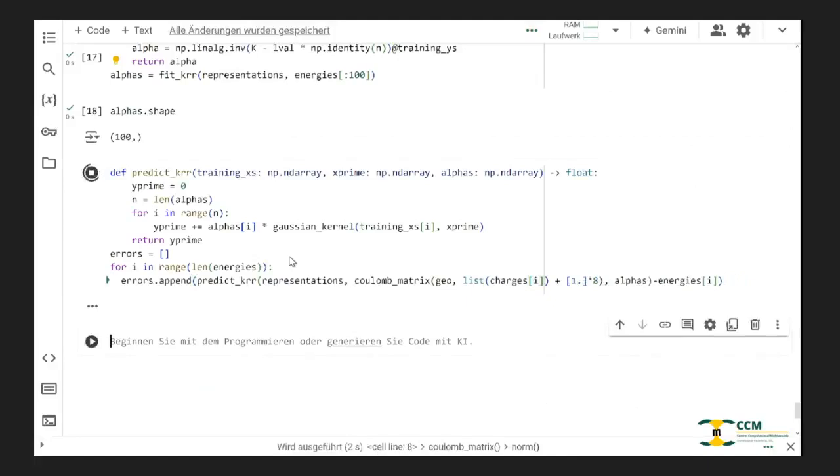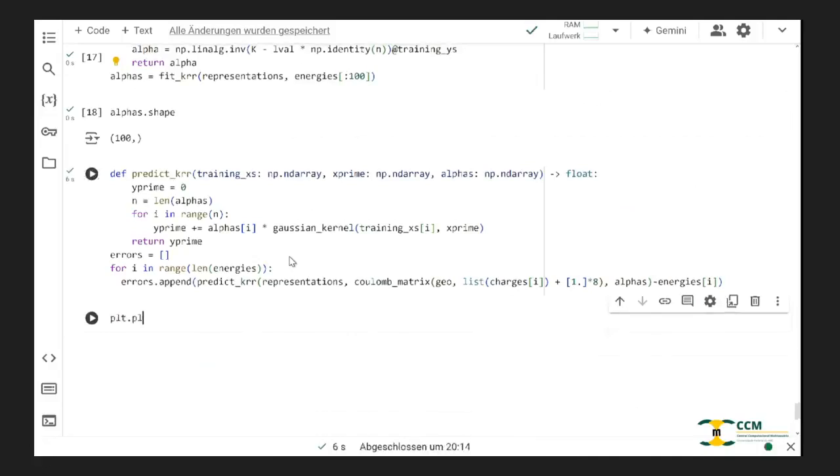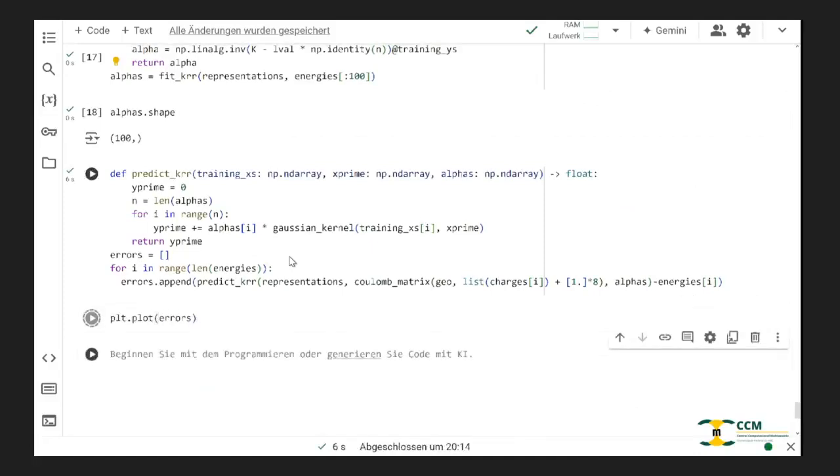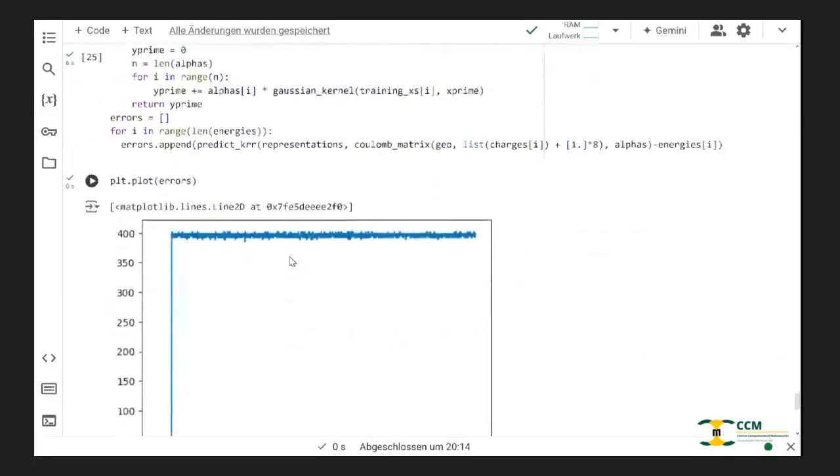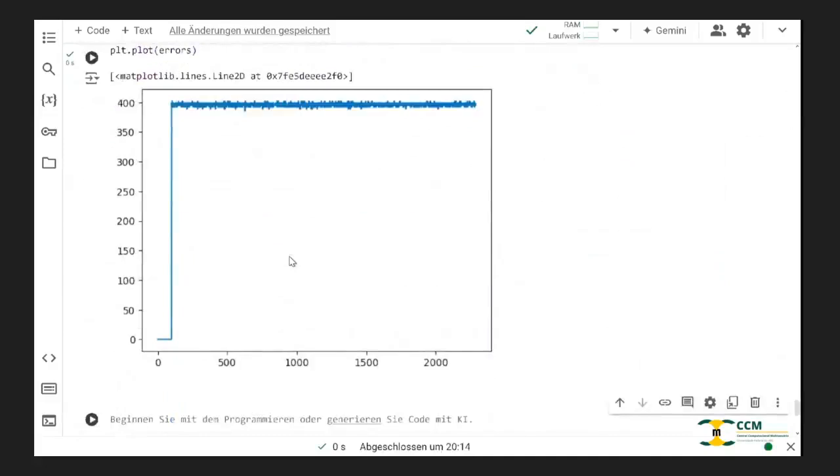Now it needs to do 2,286 predictions. Let's have a look at what's going on.